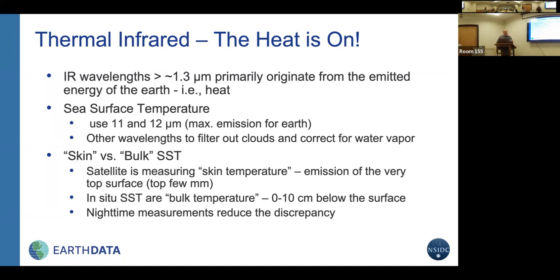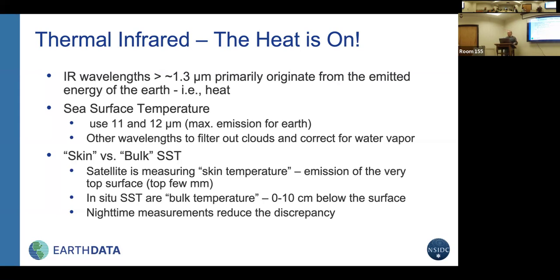We have a lot of temperature records that go back hundreds of years because ships took temperature records. But there's a challenge in matching those up because the satellite is measuring the emission, which is coming right from the very top of the surface, the top millimeter or just a really thin area.